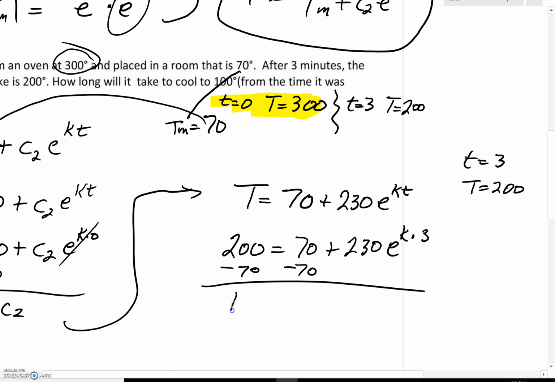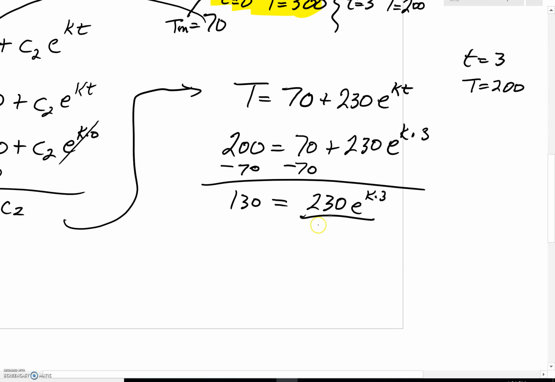So tell you what, I'm going to subtract a 70. 200 minus 70 is 130. And right here we could say this is e to the 3k, but I'm going to leave it just as k times 3. I hope you'd agree right now we could divide by 230. And we'd have e to the k times 3. By the way, we can just reduce that just a tiny bit.